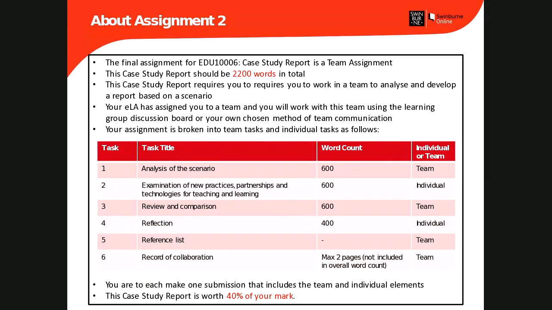The second part is the examination of new practices, partnerships and technologies, and you're each going to select your own ideas and then present them to the group as a 600-word piece, and so that's an individual task.